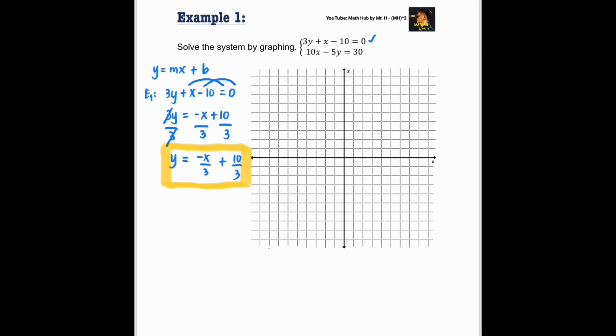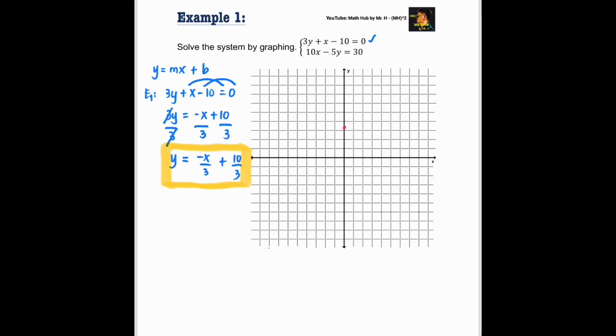The y-intercept here is (0, 10/3). And as you learned from the previous tutorial videos, the y-intercept is found on the y-axis, which is this vertical number line right here. 10 over 3 is somewhere here.